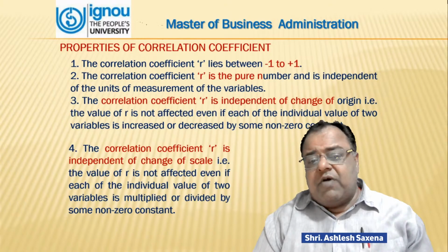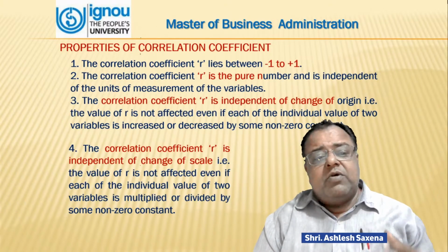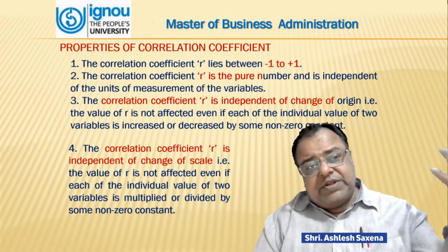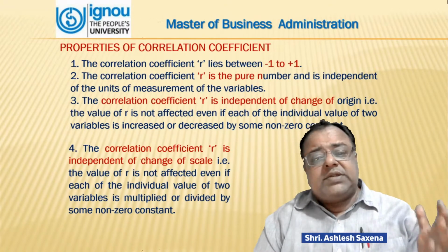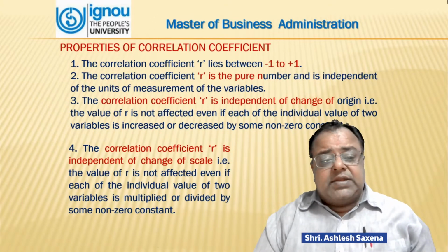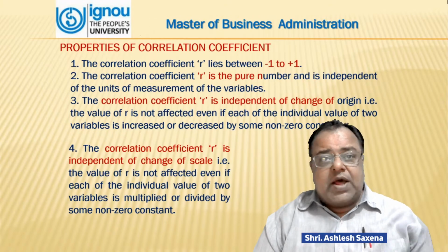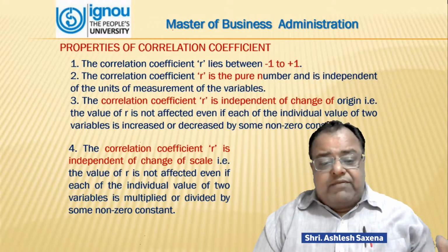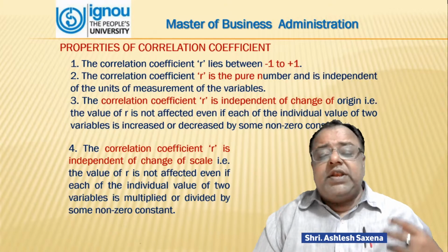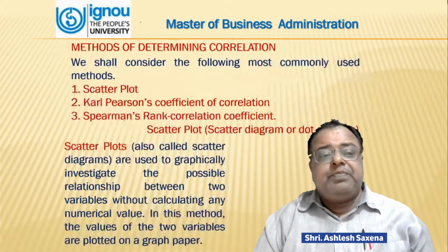That is, the value of R is not affected even if each of the individual values of the two variables is increased or decreased by some non-zero constant. The correlation coefficient R is independent of change of scale. That is, the value of R is not affected even if each of the individual values of the two variables is multiplied or divided by some non-zero constant.